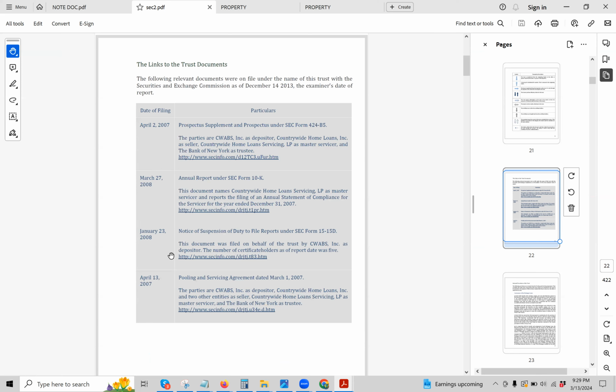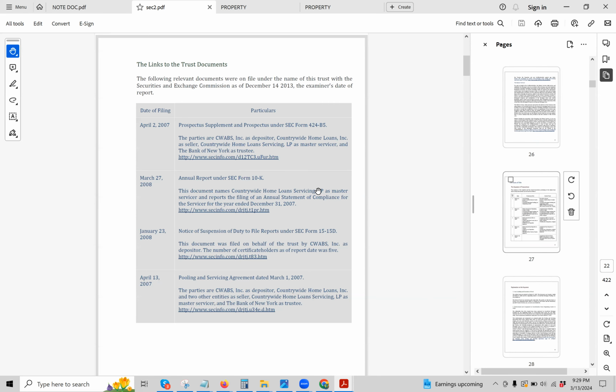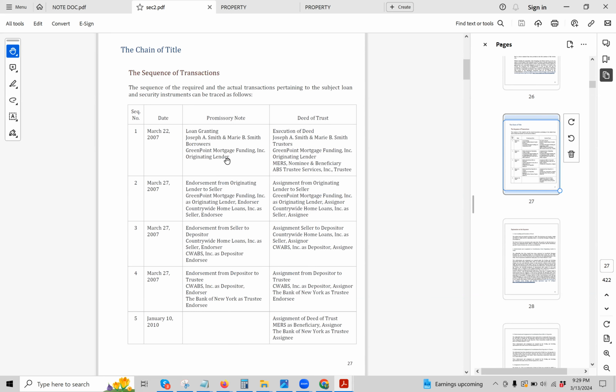And here, this is part of the report that will give you the links to the different parts of the trust and the documentation, things of that nature. And this is showing you the sequence of the transactions, the chain of title.